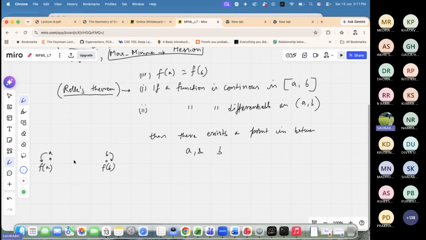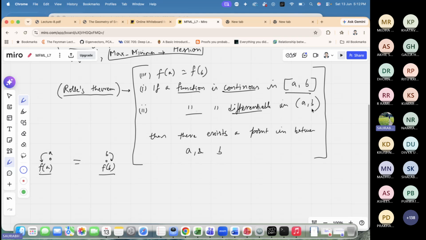What it's saying is that the function value at point a and the function value at point b are both equal. And given the two other conditions, the function is continuous in the closed interval and the function is differentiable. I'll tell you what these two things mean. But is there anyone who can relate this to any natural life analogy?